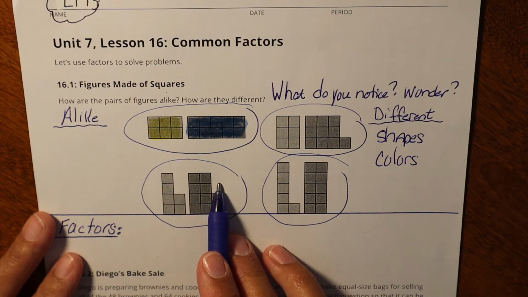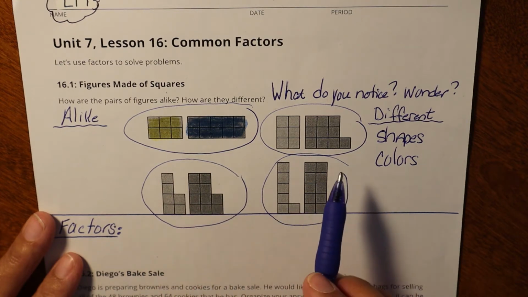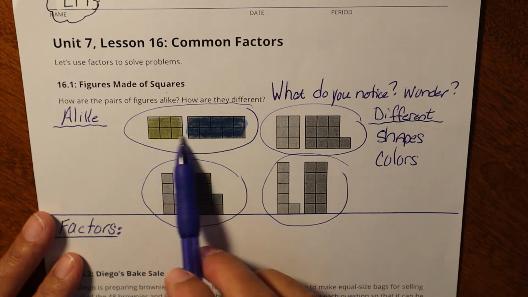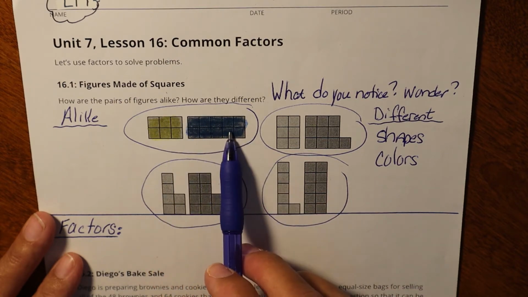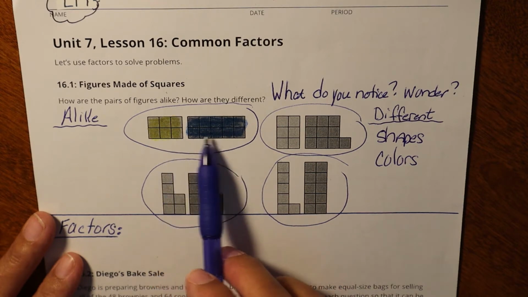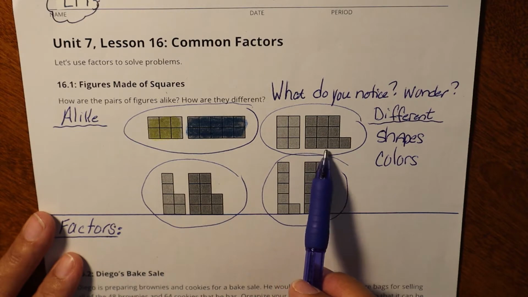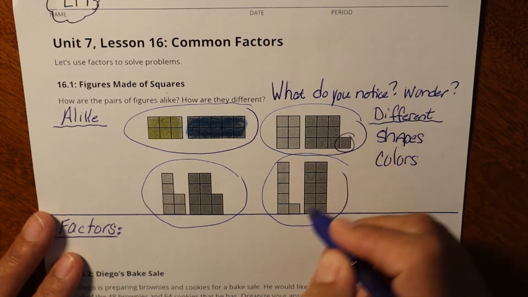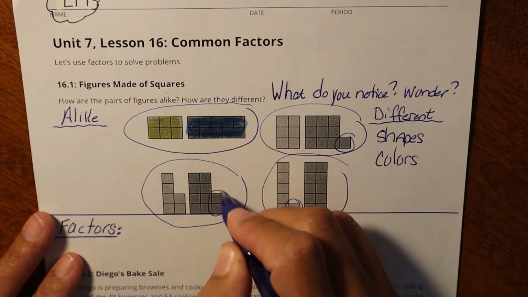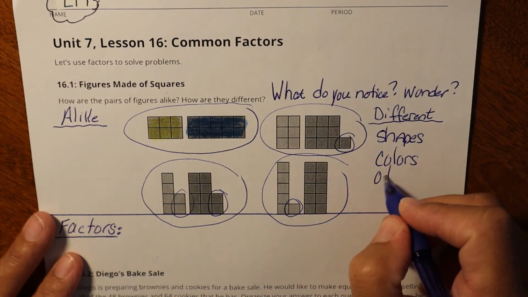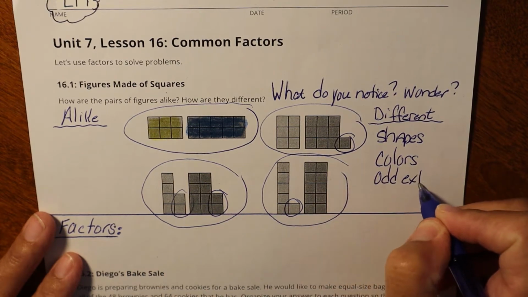I also noticed that sometimes the squares are nice and even, with no leftovers hanging around. Here's an even one, here's an even one. But then sometimes there's an odd, extra shape or two hanging around. So I'm going to say odd extras.